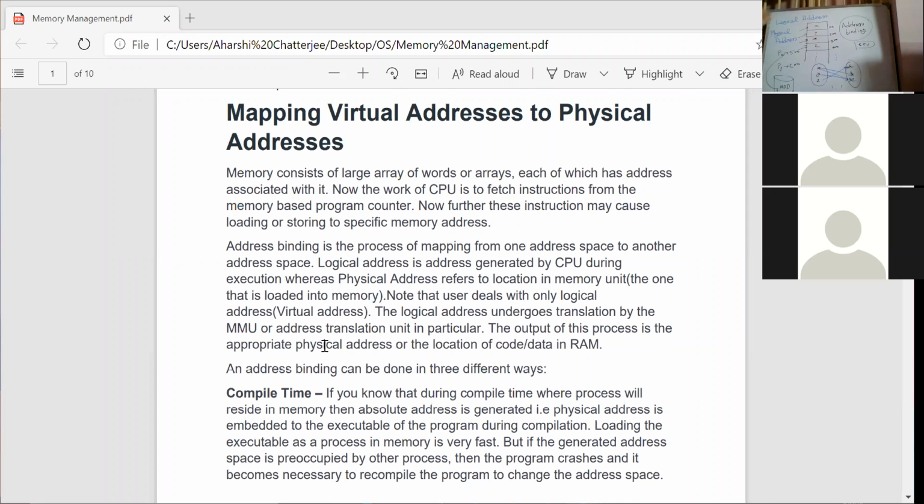Here, logical address means the address which is generated by the CPU, the Central Processing Unit.